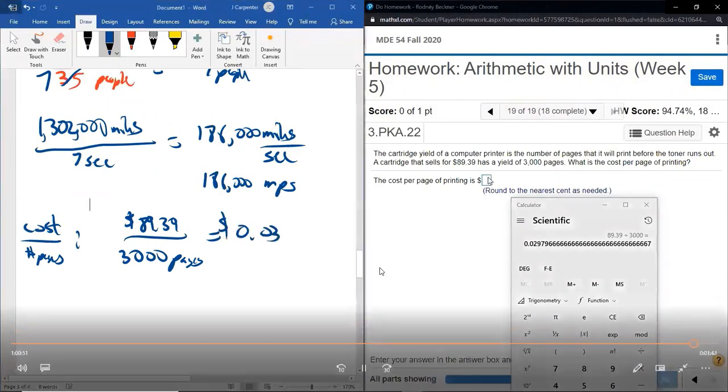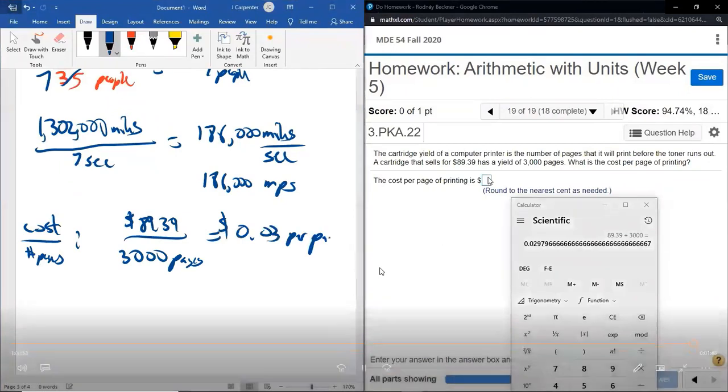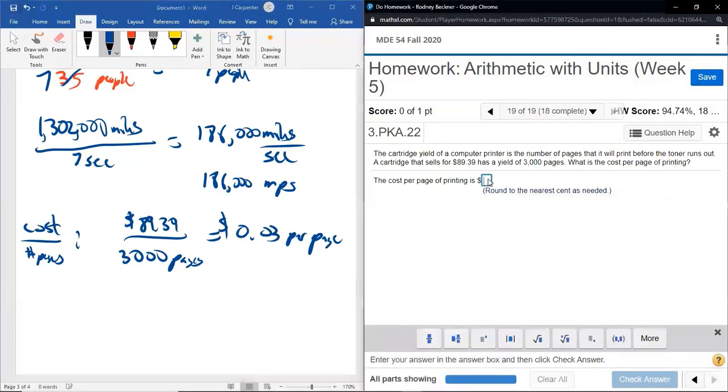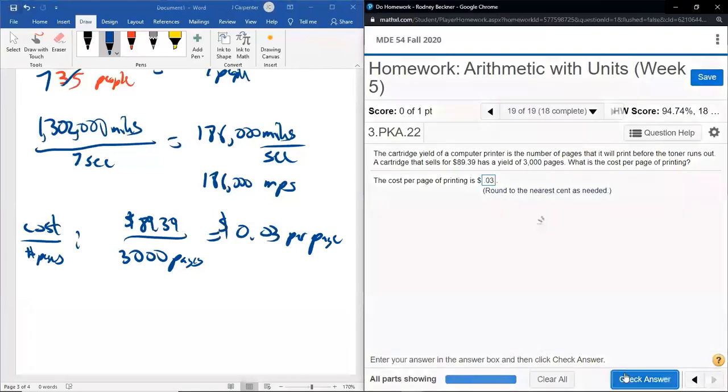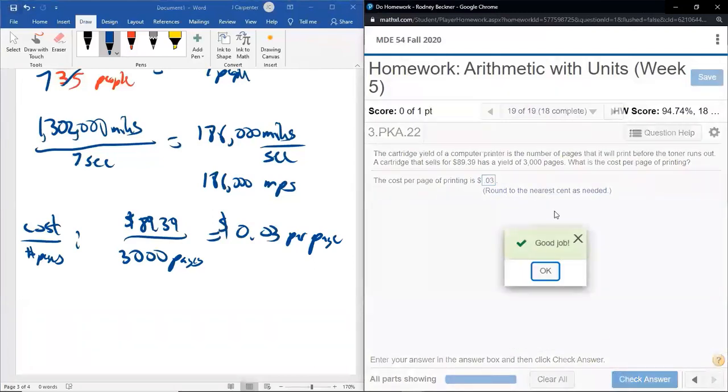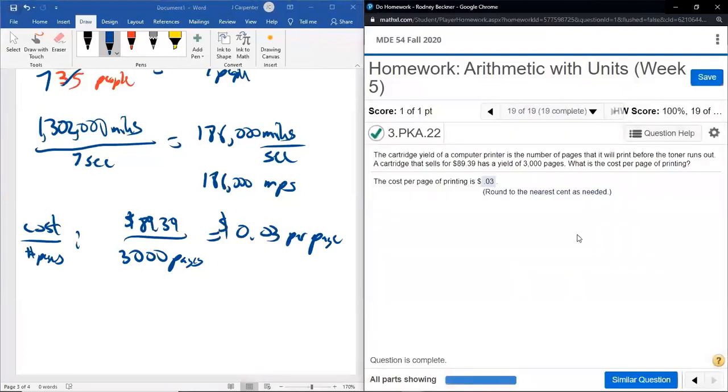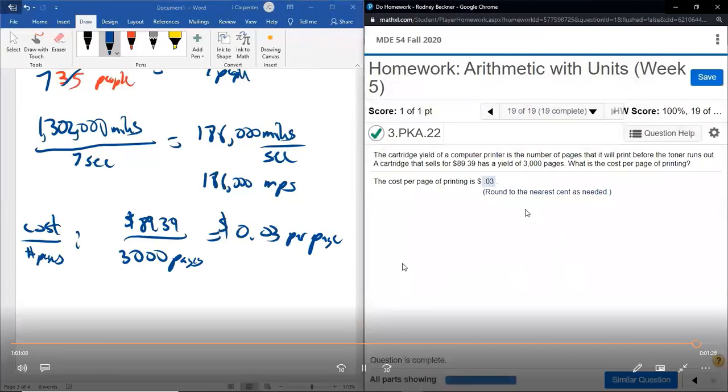That's dollars per page, or 3 cents a page. And that's a pretty accurate statement. It's about 3 cents a page to just print anything. Now you might say, well, wouldn't it depend on the amount of ink you use? Absolutely. This is just an average though.